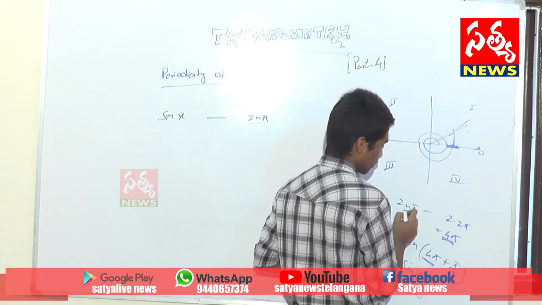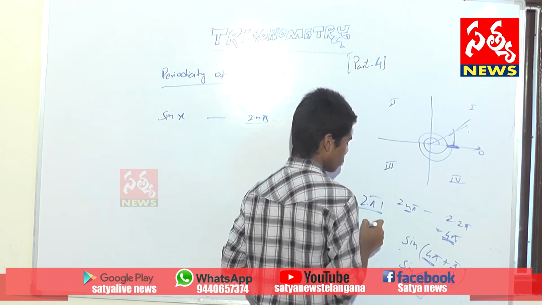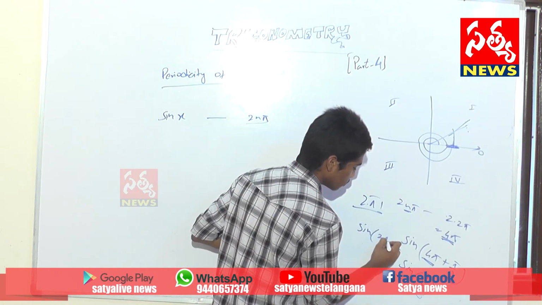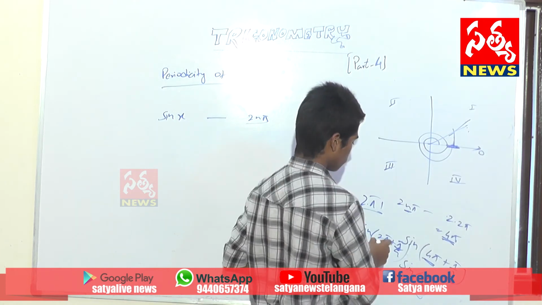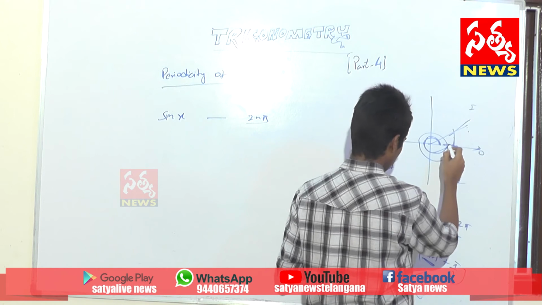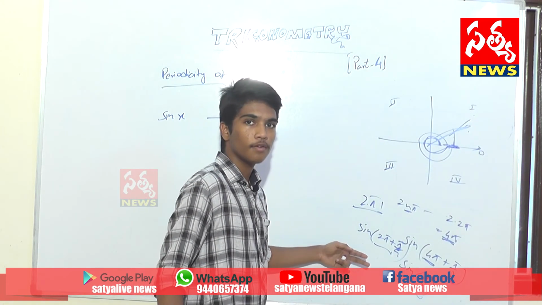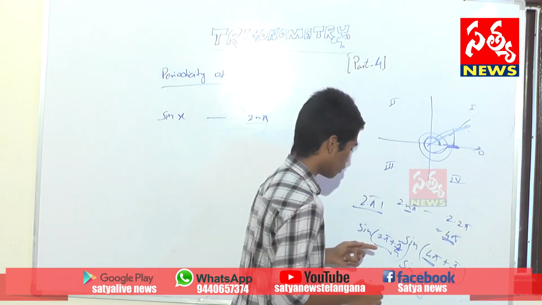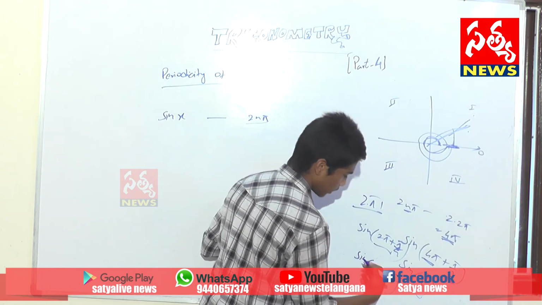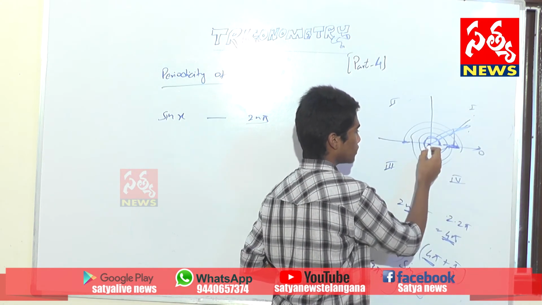Okay, let's take another n value. Let's take 1. If n value is 1, we get 2 pi. Same, sin of 2 pi plus pi by 4. 2 pi means 1, 2. Again it's 0. Plus pi by 4 means in the first quadrant, the sign is not going to change and we get sin pi by 4. If we take odd multiples, we get 3 pi plus x. 3 pi means 1, 2, 3 plus x.